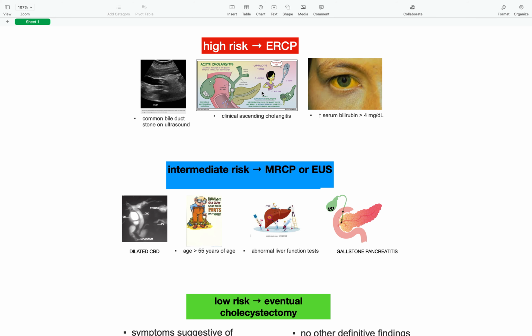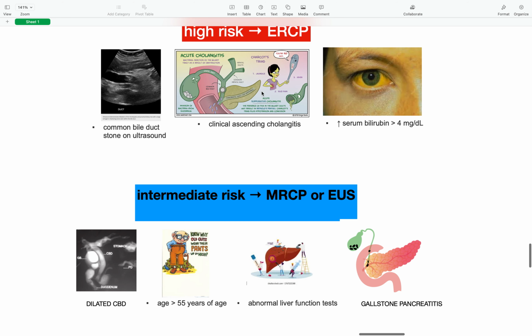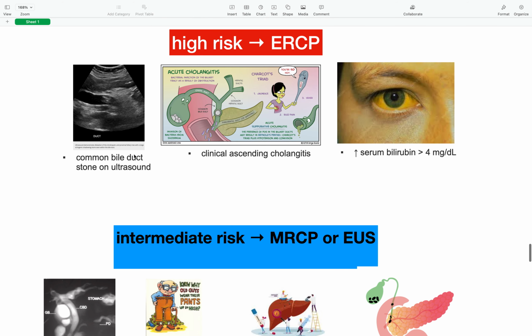So high risk patients are ones who have common bile duct stone on ultrasound. Okay, you see this is an ultrasound, and that is the common bile duct. So a dilated common bile duct and a lodged stone in the common bile duct. So number one, a common bile duct stone on ultrasound.